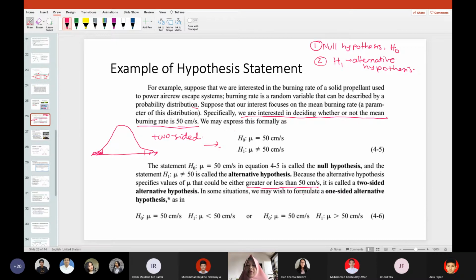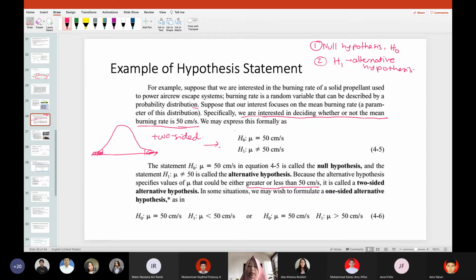We can also write a one-sided alternative hypothesis, where H0, the null hypothesis, is mu equal to 50 centimeters per second, and H1 is less than. If it is less than, it would be a one-sided, one-tailed hypothesis, or, over here, more than that is also a one-sided tail, but on the right. So that is an example of a hypothesis.